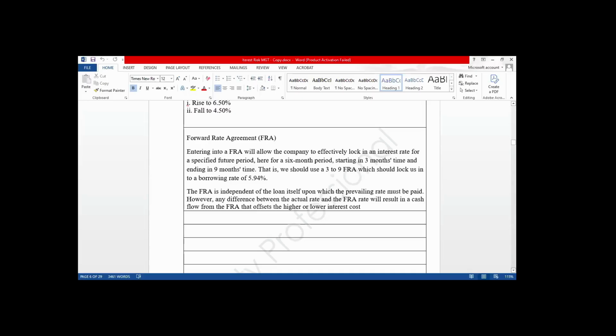On the actual borrowing date, the company will pay the prevailing interest rates on that actual borrowing date. You are going to go to a bank, like we explained. You can go to First Bank to enter into FRA agreements. On the actual borrowing date, you can approach Guaranty Bank or Zenith Bank to borrow your money.